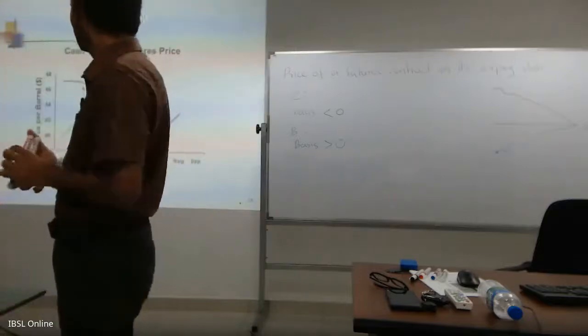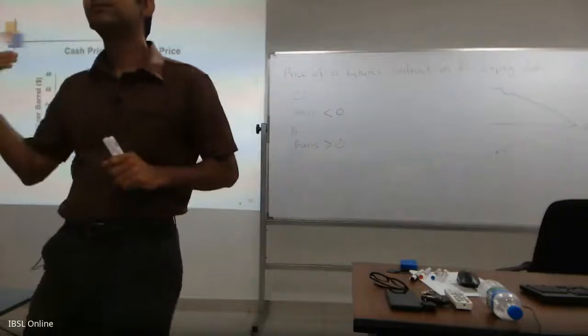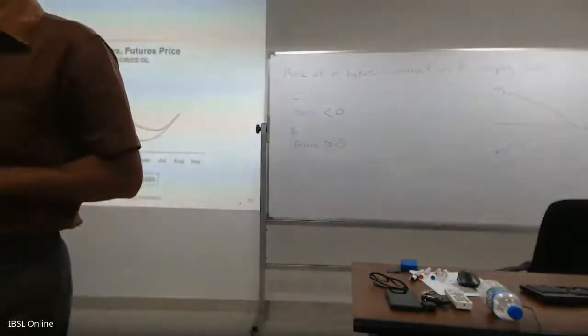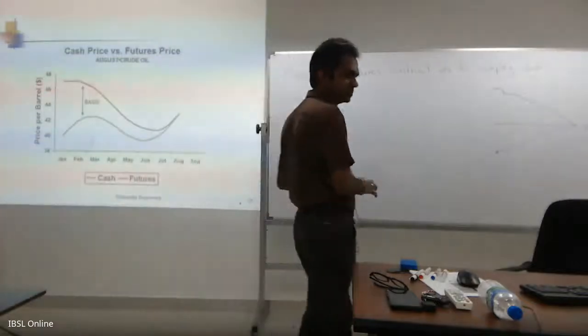So there are some markets, like crude oil futures, that may be traded in a contango market. But there are some underlying futures traded in a backwardation market. In some it may change from time to time.